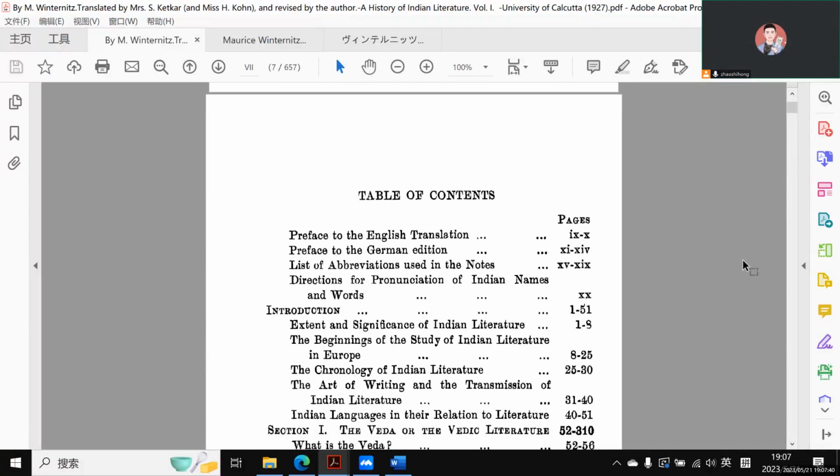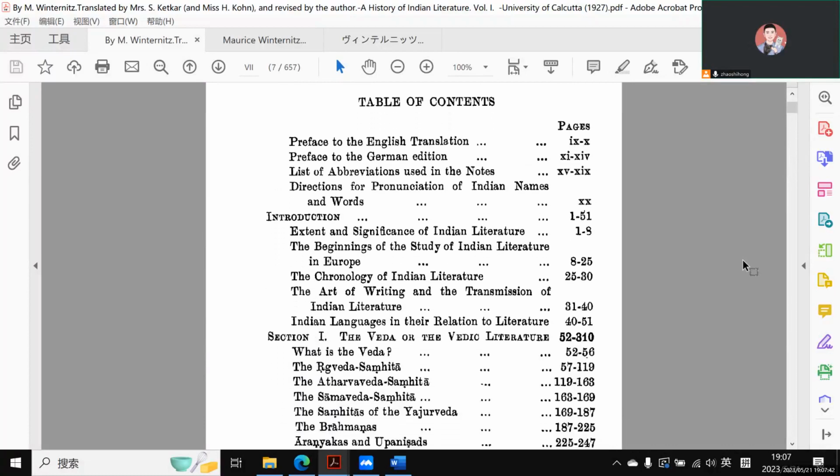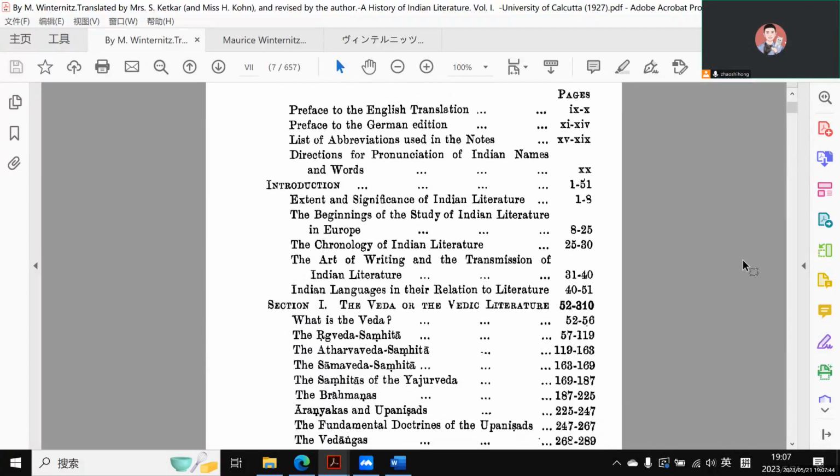Before we really enter the main body, I hope everyone can have a look at its contents. Since the original book was written in German, here we can see there is a preface to the German edition. These two are very different, so if you have time, you can have a quick look at the difference between them.